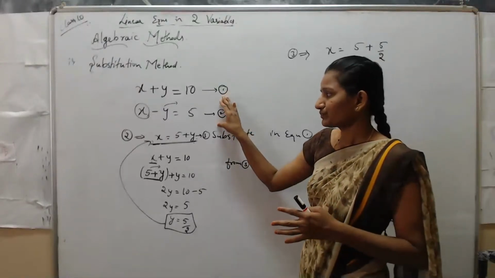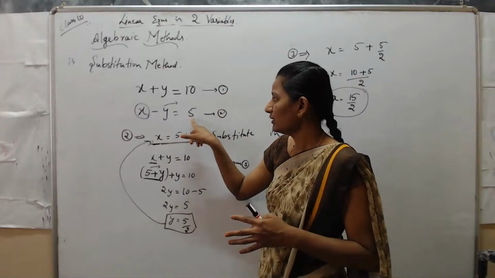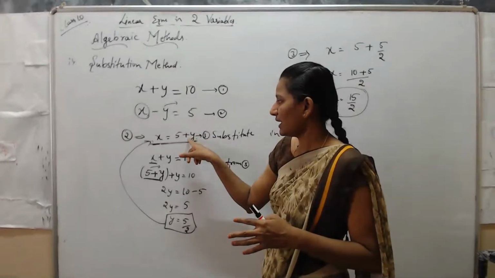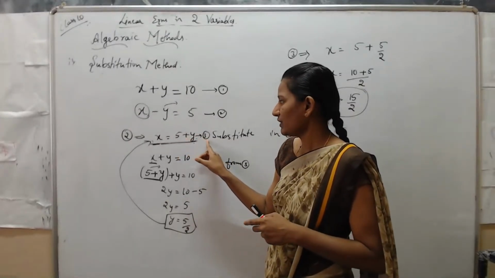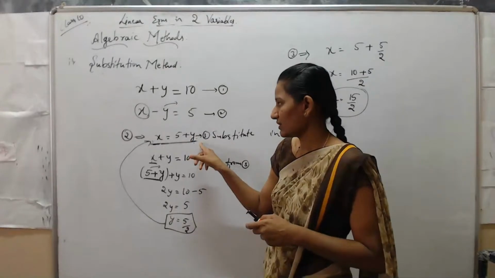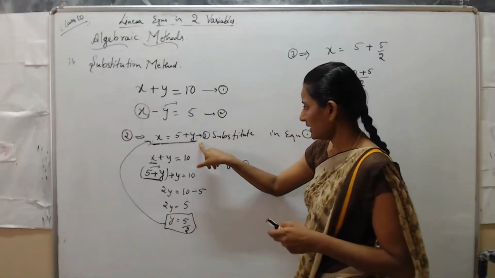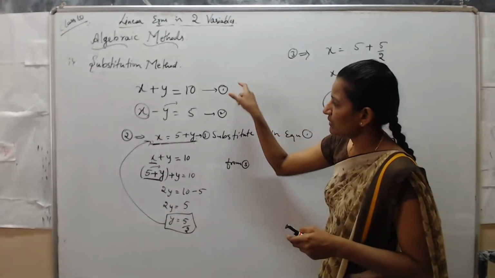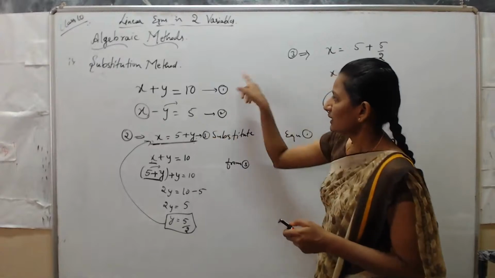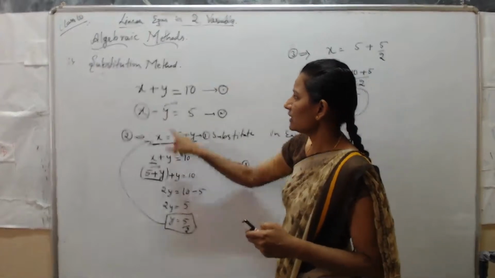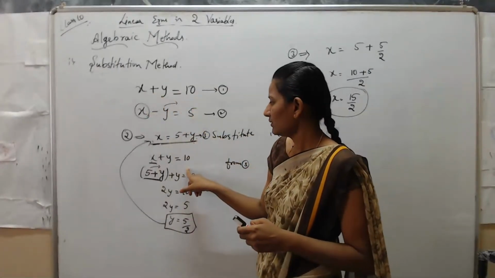So x is equal to 5 plus y, the minus comes to the right side and becomes plus. Just take this as equation 3. Substitute equation 3 in equation 1. What is equation 1? X plus y is equal to 10.